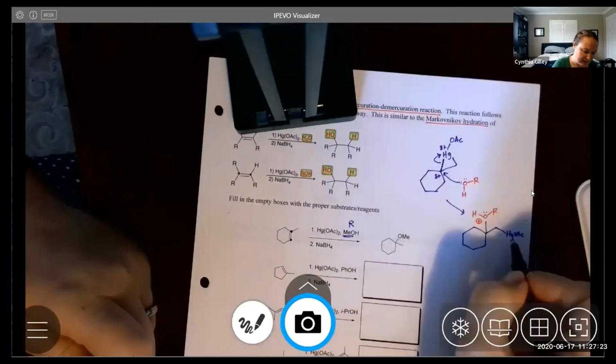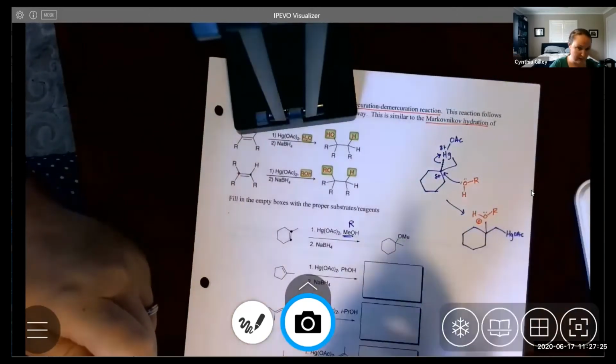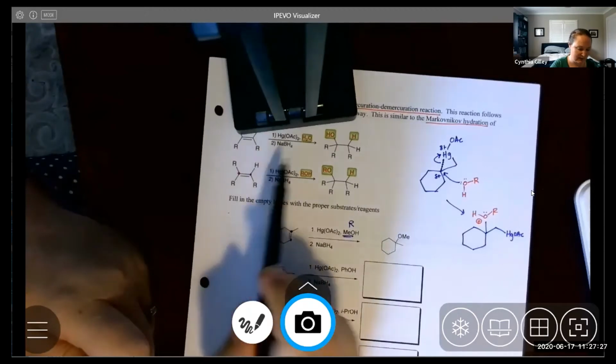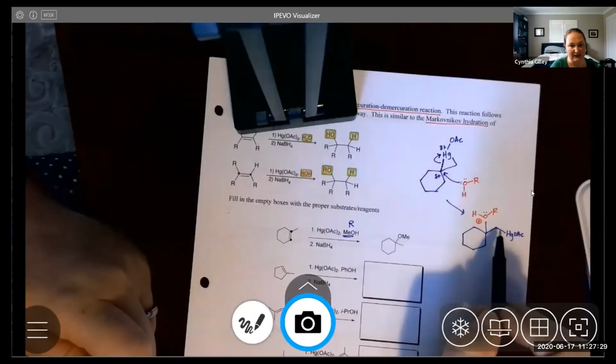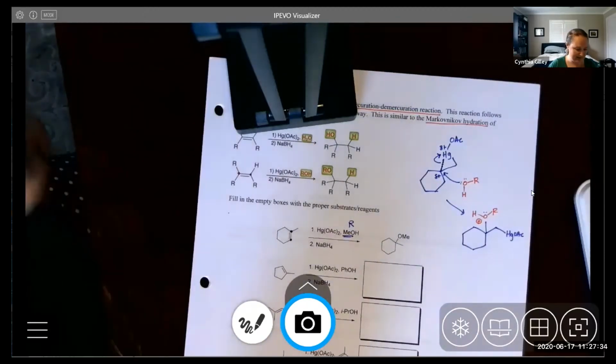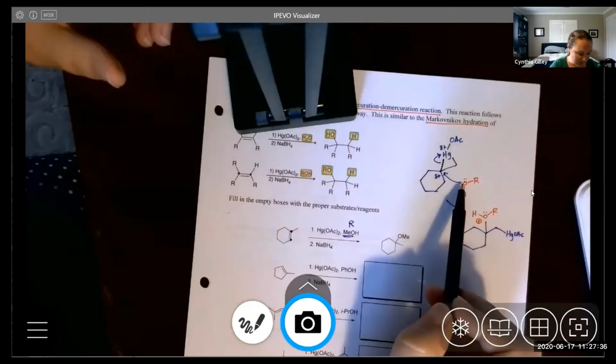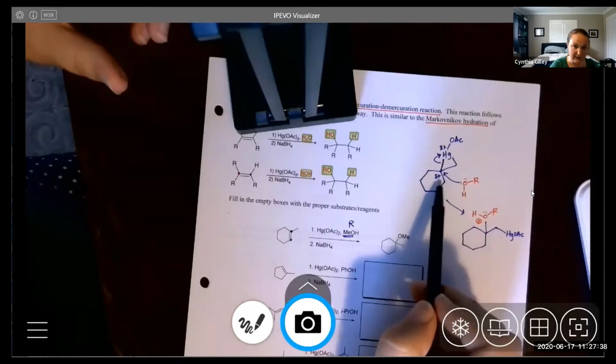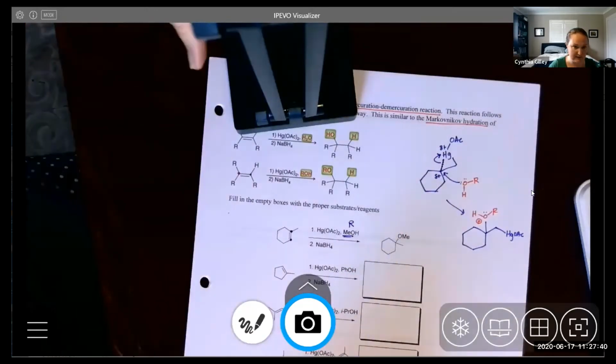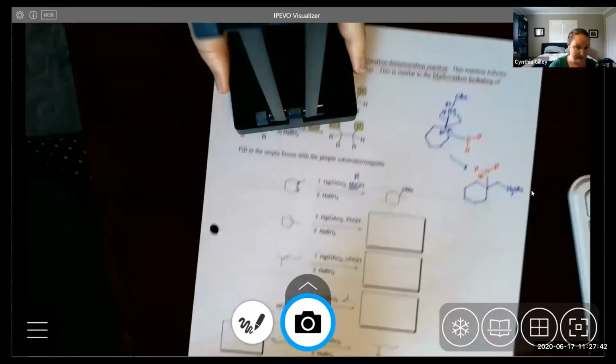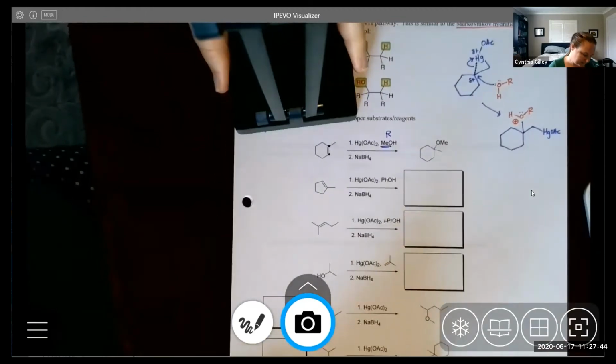And then this mercury is removed using the sodium borohydride step. The hydride replaces it, basically. And that's why you end up with it. So that's the mechanism, and the attack at the more substituted carbon because of the delta positive is the reason for this. Okay, so let's see if we can do a few more examples.